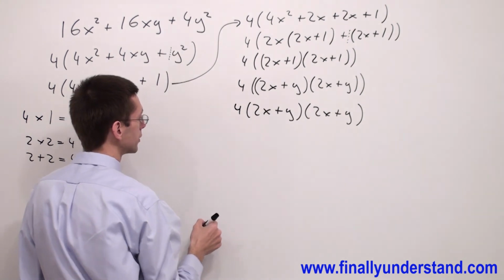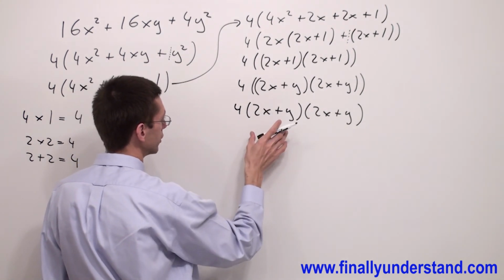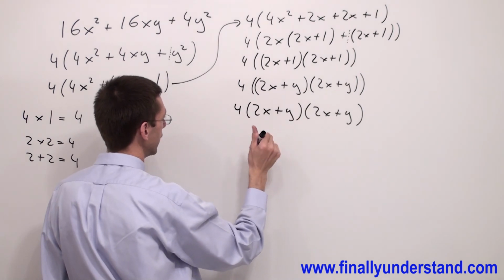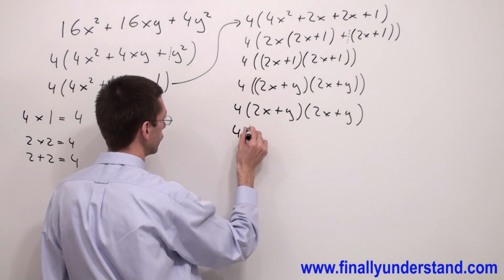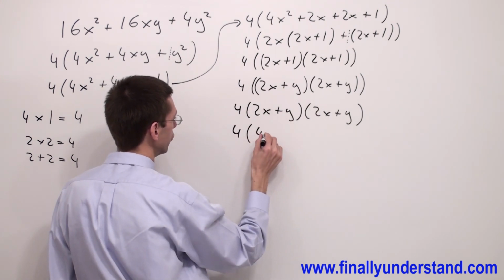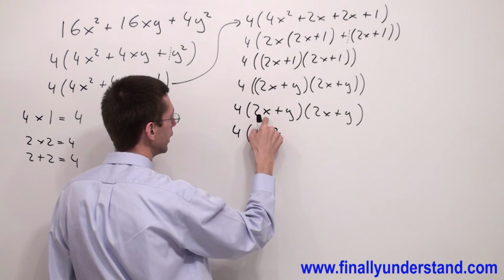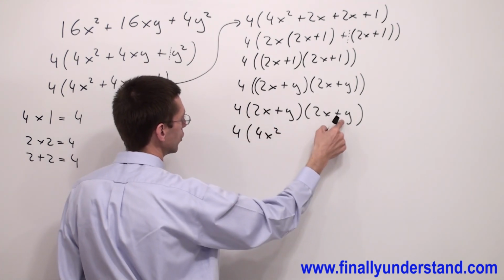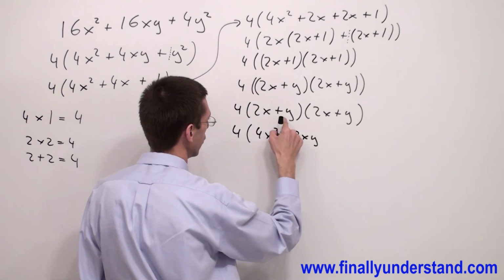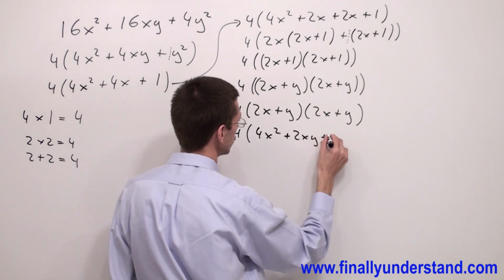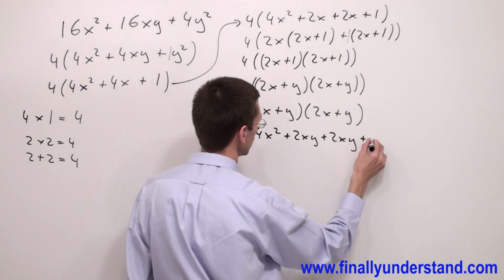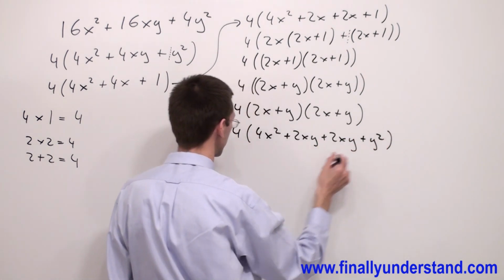Okay, next I'm going to use the FOIL rule to verify my final answer. I have 4, and 2x times 2x gives me 4x squared. 2x times y is 2xy. y times 2x is 2xy. y times y is y squared.